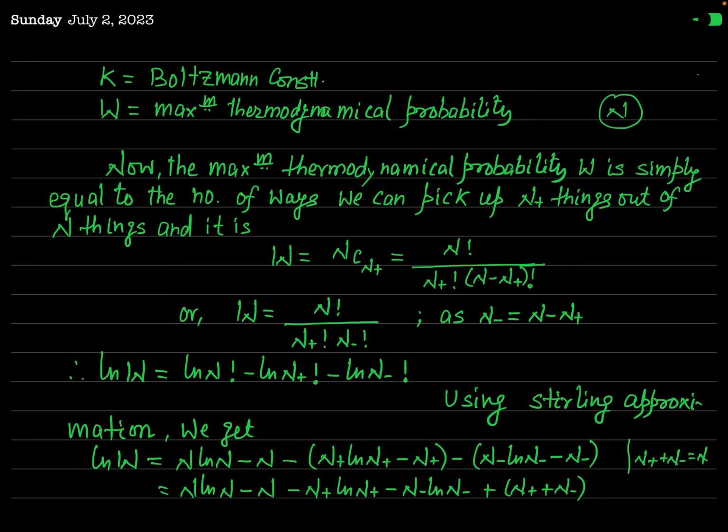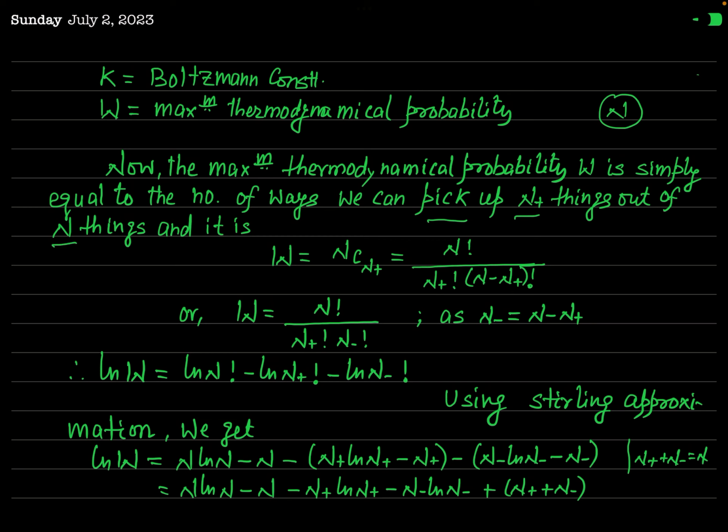You have only to use the concept of permutation and combination, and W will represent simply the number of ways in which you can pick up N+ things out of N things.